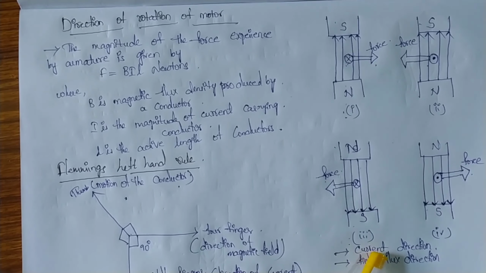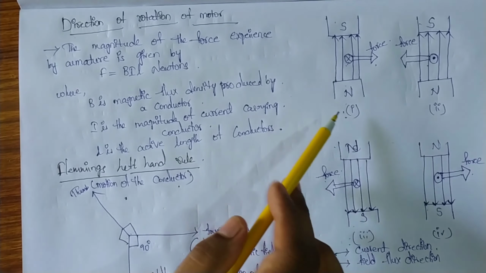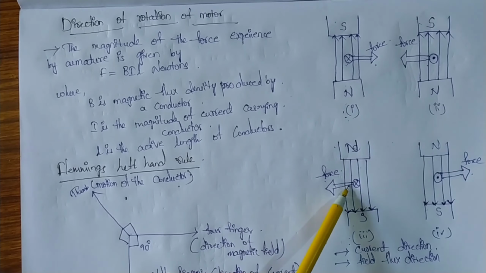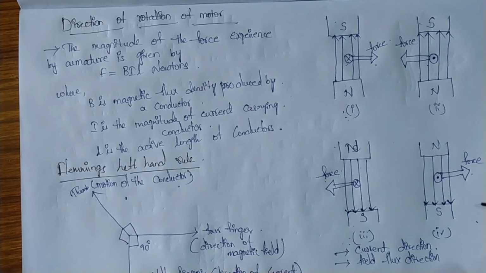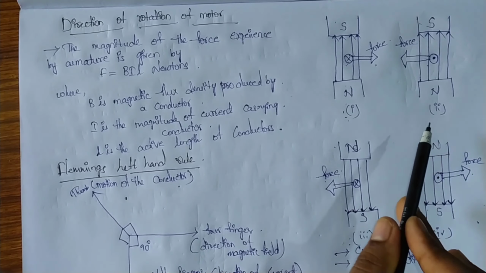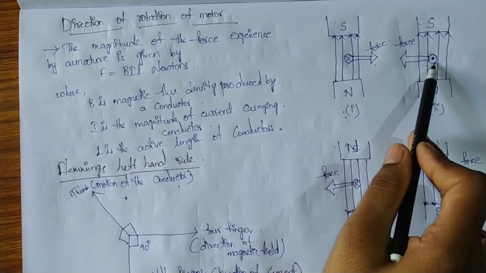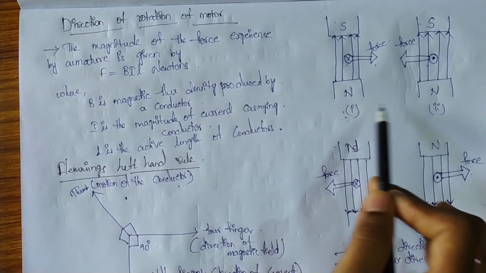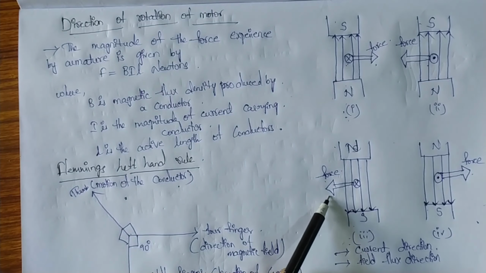In cases 3 and 4, the current direction is not changed but the field flux direction changes. In cases 1 and 2, the poles are not changed but the current direction of the conductor changes. By either way we can change the direction of the force.